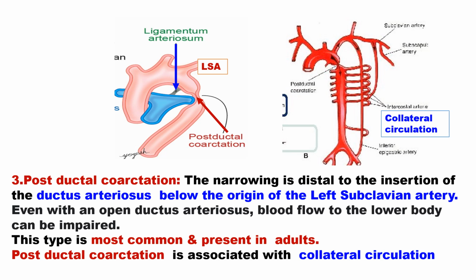Even with open ductus arteriosus, the blood flow to the lower part can be impaired. This is the adult type of coarctation, most common in adults. Postductal coarctation is usually associated with collateral circulation.